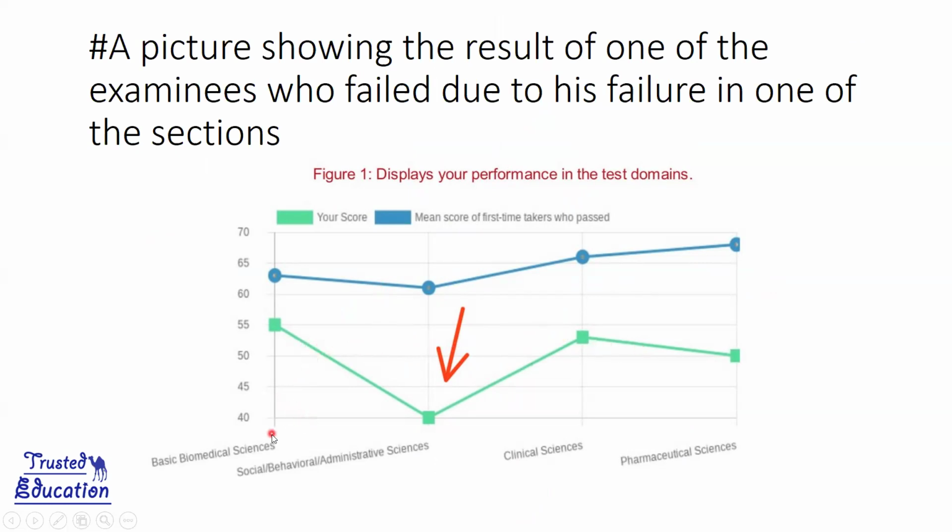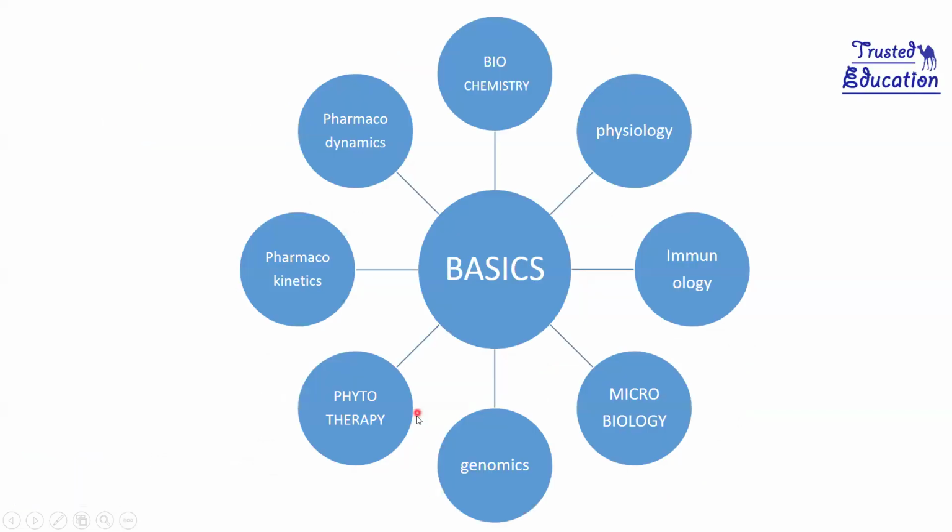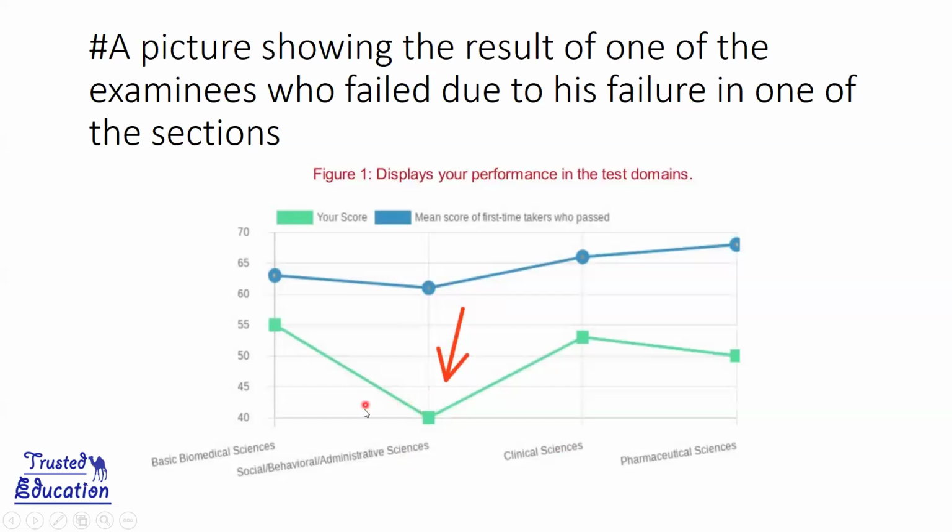Even though in the basic biomedical science he has a score above the average, and in the clinical science also, and in the pharmaceutical science, his problem was the social, behavioral, and administrative science, which is called non-pharma knowledge.